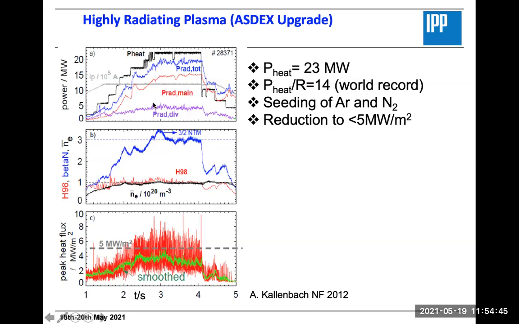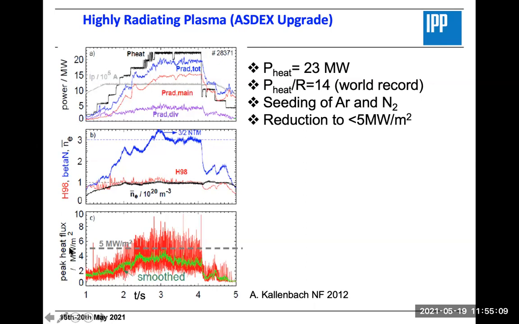And you can see that despite the radiation increase, the confinement is decreasing a little bit, but marginally. Maybe about 5% reduction in confinement, but not more, which means that despite adding all this radiation, the confinement is well maintained, which means the energy confinement is good, which means you're not deteriorating your core plasma.